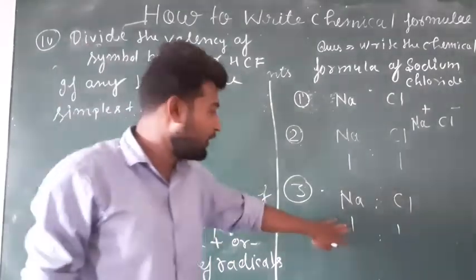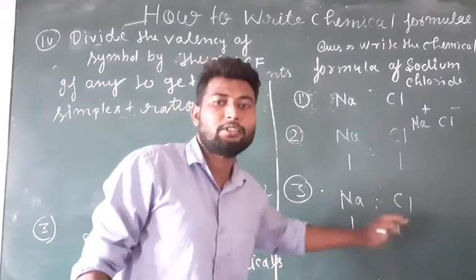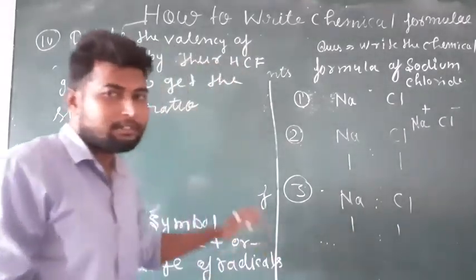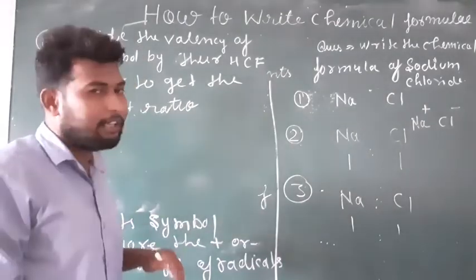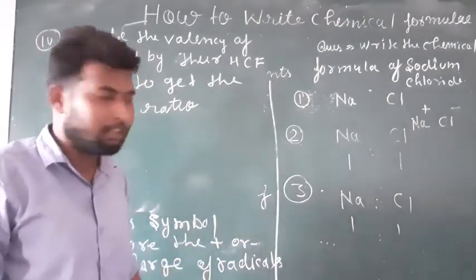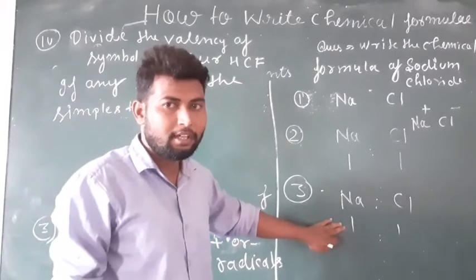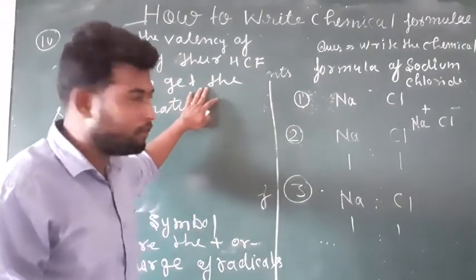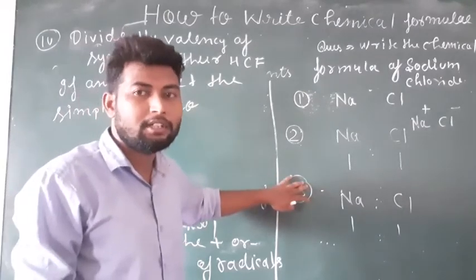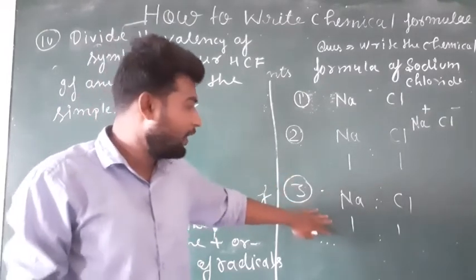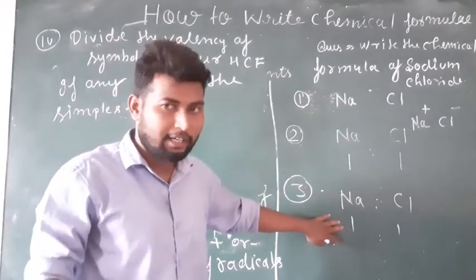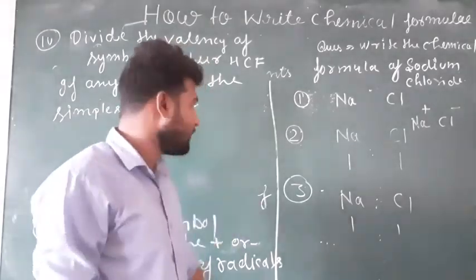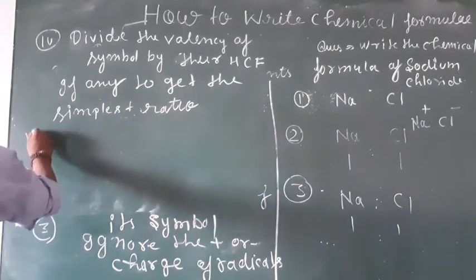But if it is written as 4 here and 2 here, then you select suitable digits, and those digits are used to convert into simple form. In other examples, we will follow this rule number 4. Here it is not applicable because in the case of NaCl, the valencies are already present in simplest form.